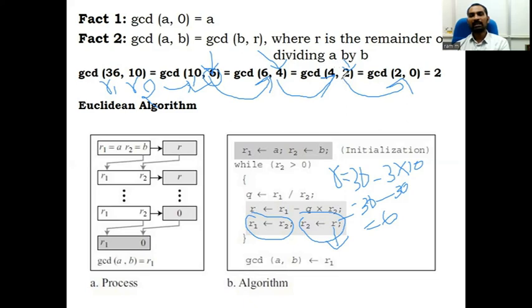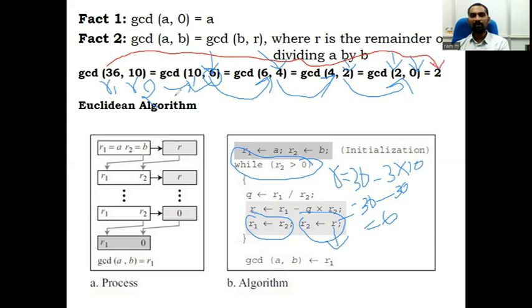So when 4 is exactly divided by 2, the remainder is 0. When R2 becomes 0, we'll stop it. And whatever the value we are getting in R1, we'll give it as the GCD. GCD of R1 comma R2, or A comma B, is equal to this value.